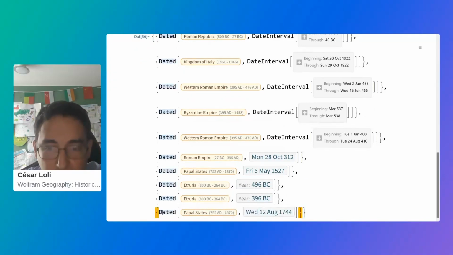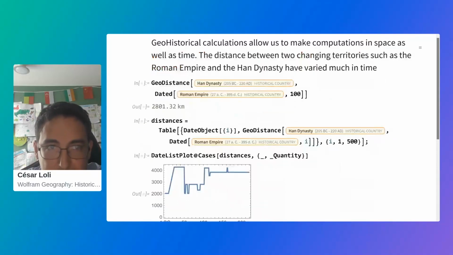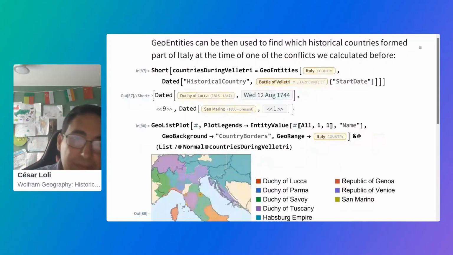We can take one of these battles and use our other function, GeoEntities, to see how the world, or well, Italy, was like in the time period of the battle.